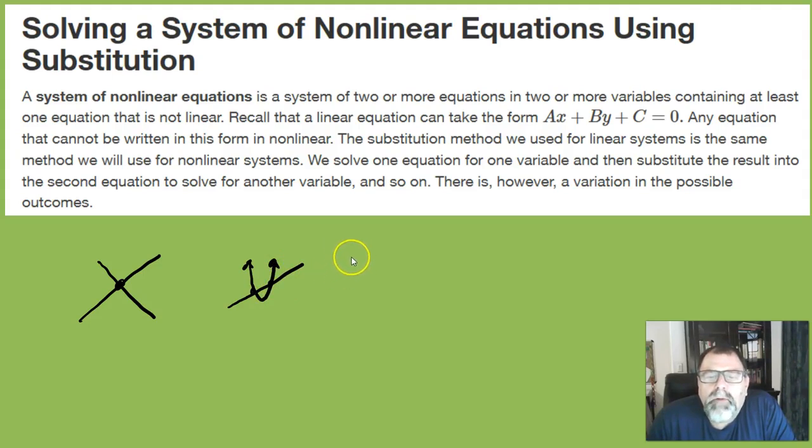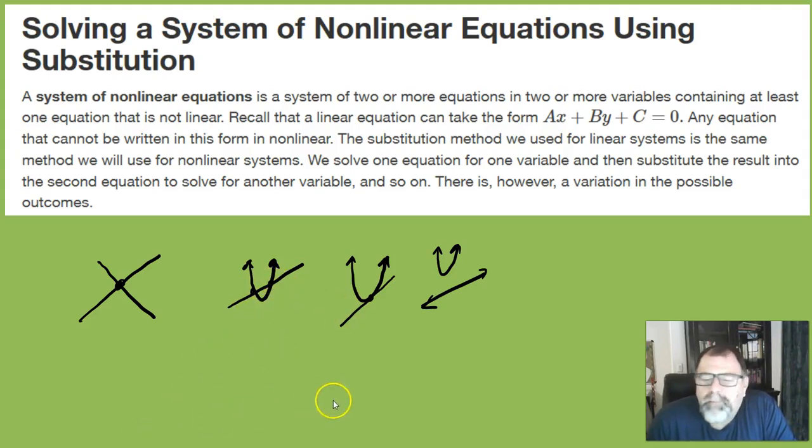Maybe you just hit what we call a tangent line, where it just hits in that one spot. And also of course they can just not intersect at all, and you have no solution. So if you have nonlinear equations, you can get more than one solution, depending on how the graphs match up.